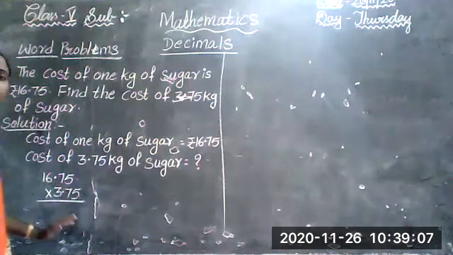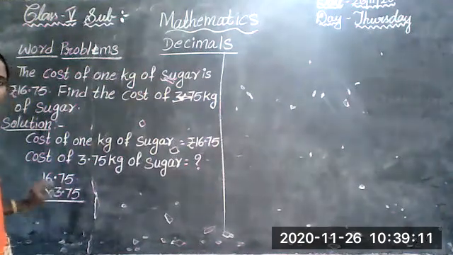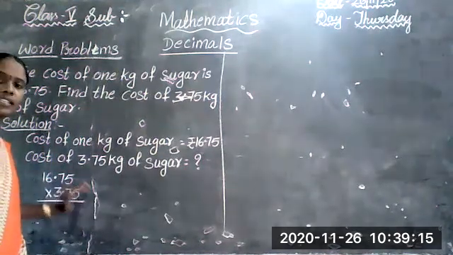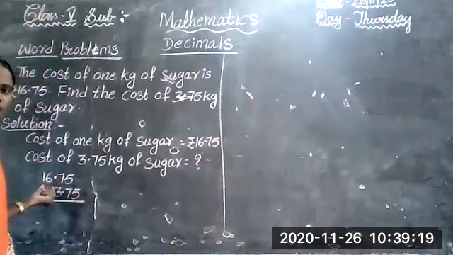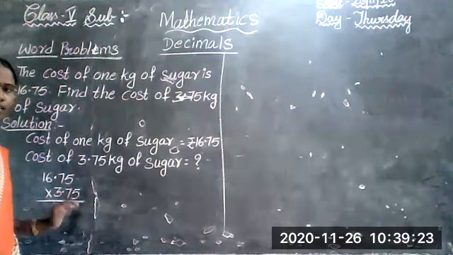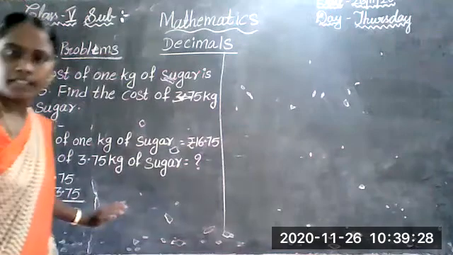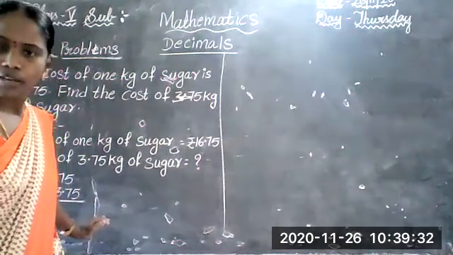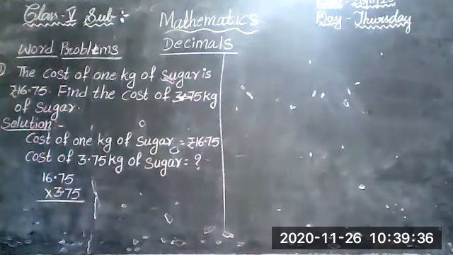Now do the multiplication. Don't look at the decimal points. No need to see decimal points. You see only 1675 into 375. Already did, Satvik. Very good. 62.8125. Very good.